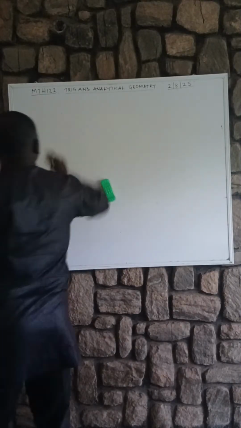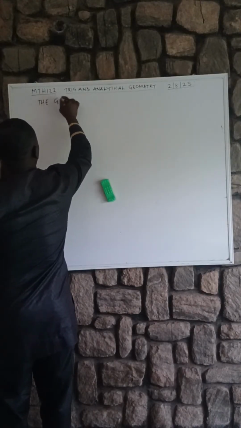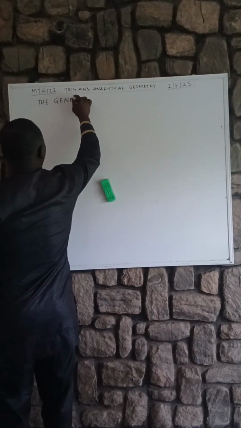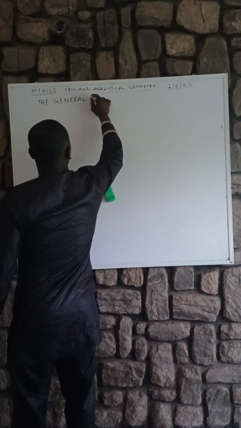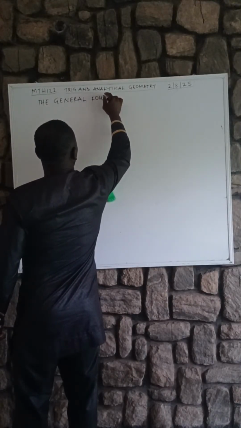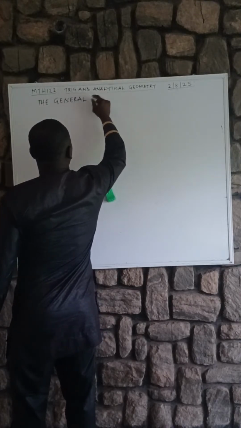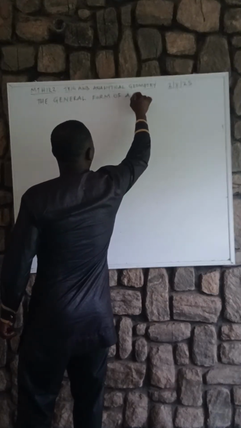The general equation of a parabola. The general form of a parabola.